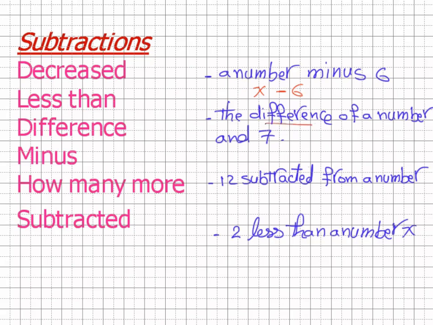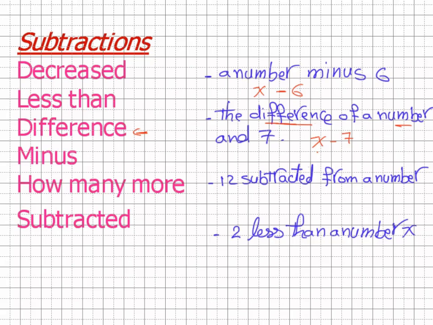The difference also means subtraction. If you are asked to find the difference, it means subtraction. It will become a number minus 7, so we can put x minus 7 or any letter. We call this letter a variable.